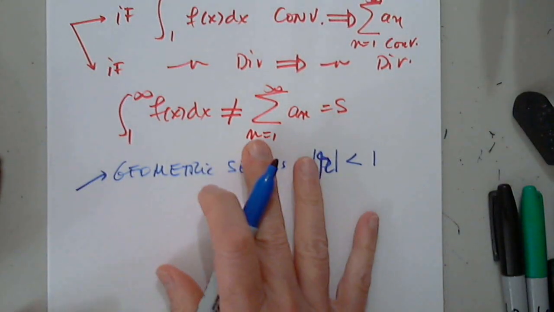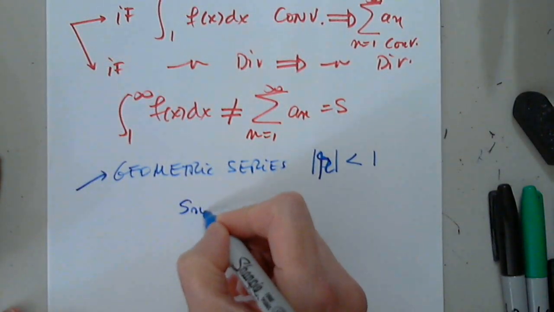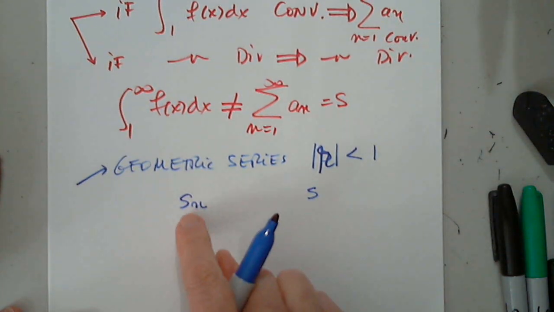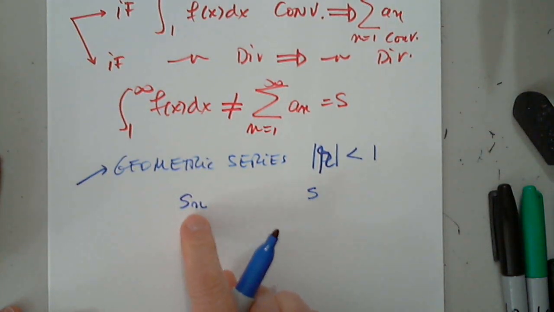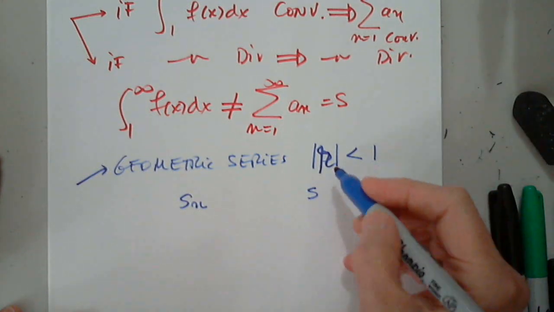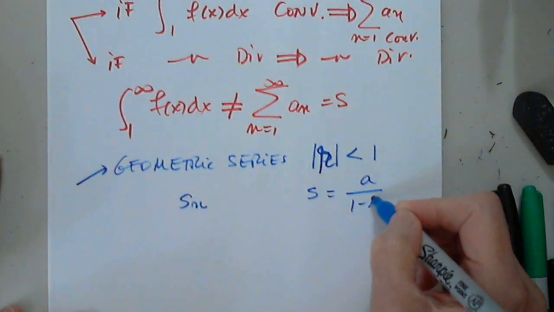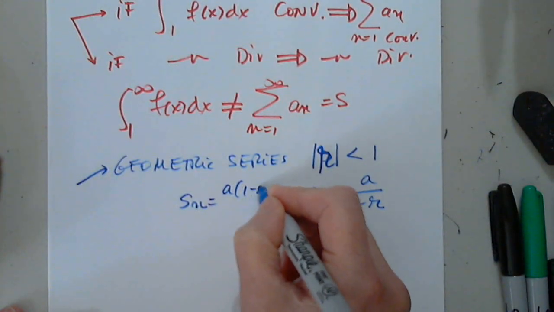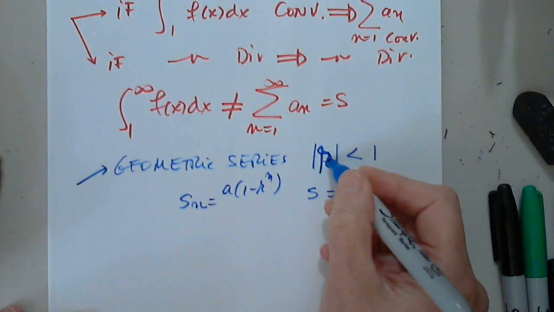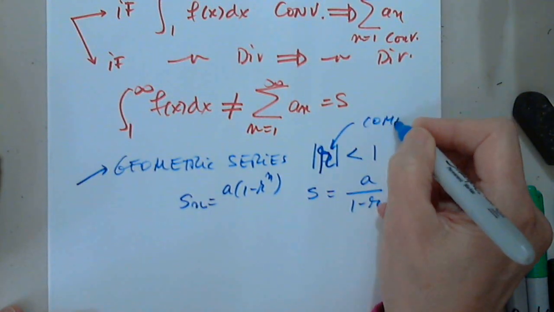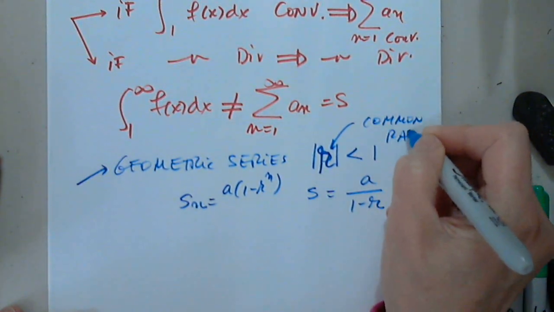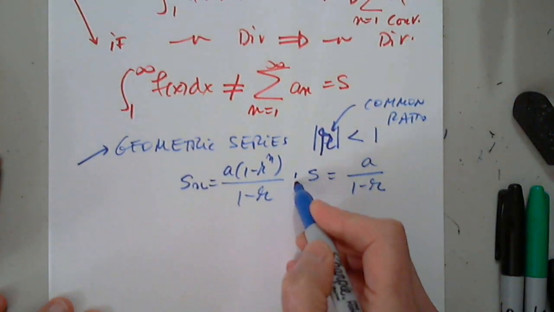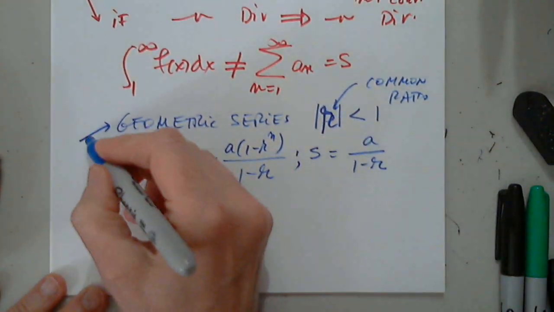And we have here two formulas to remember, the Sn and the S. The nth partial sum and the entire sum. So the entire sum is a divided by 1 minus r. And the nth partial sum, remember, is a times 1 minus r to the nth power, this r, common ratio, and divided by 1 minus r. Okay? So please remember these.